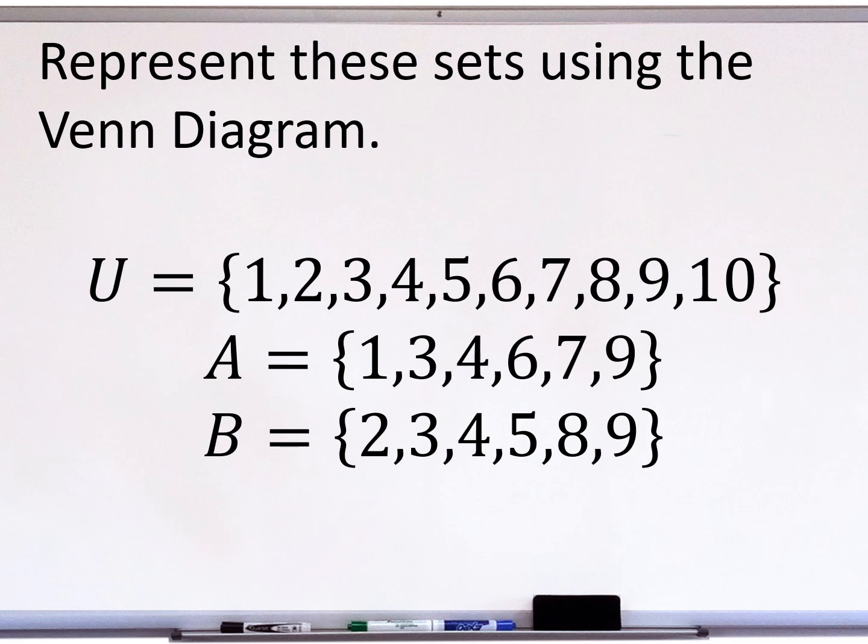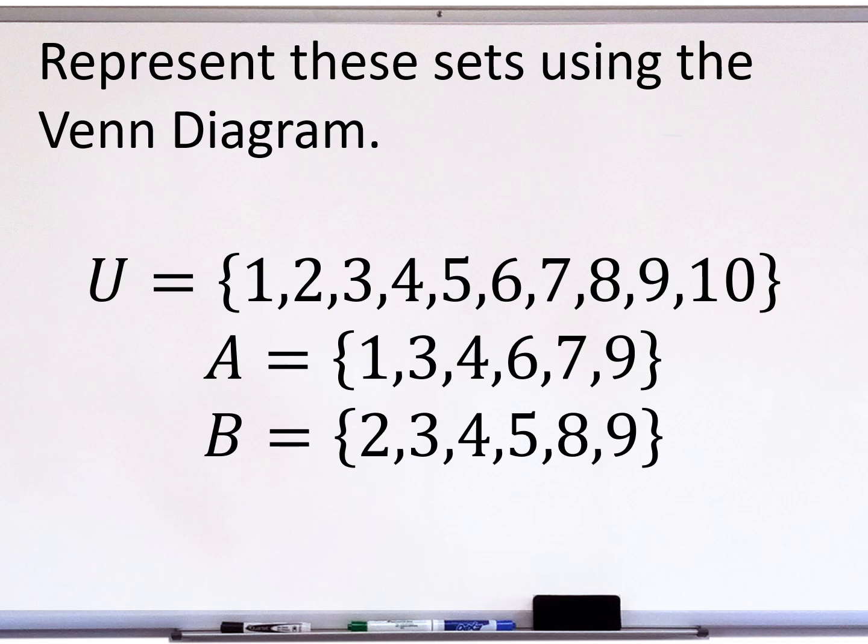Okay, so what if you're given this problem? You are asked to represent these sets using the Venn diagram, and you are given the universal set U, which is the set of the first ten counting numbers, and set A is a subset of the universal set U, containing the elements 1, 3, 4, 6, 7, and 9, while set B contains the elements 2, 3, 4, 5, 8, and 9.